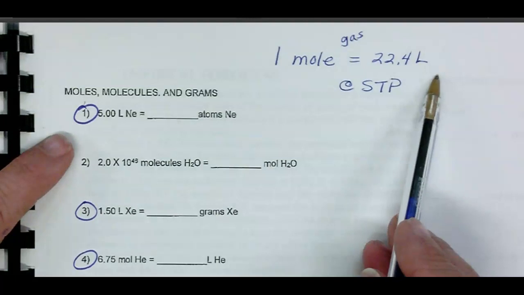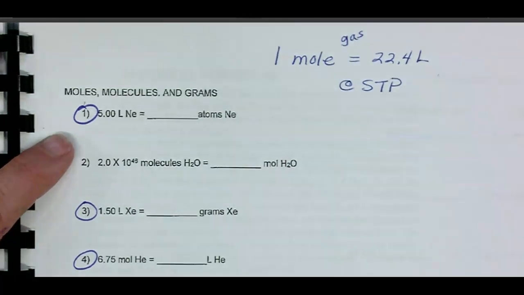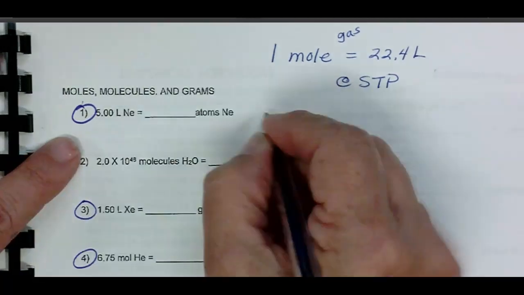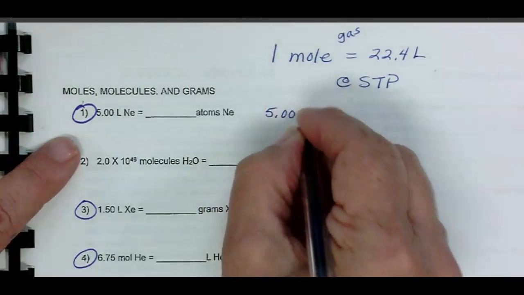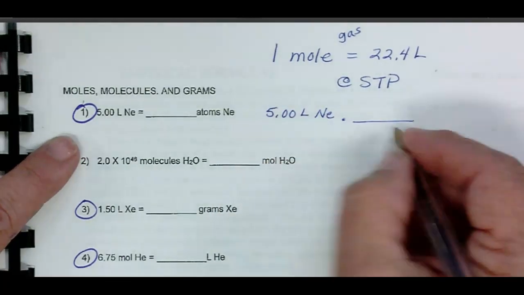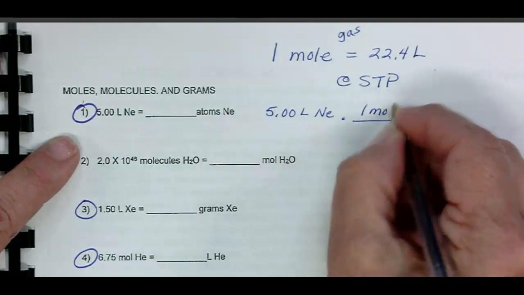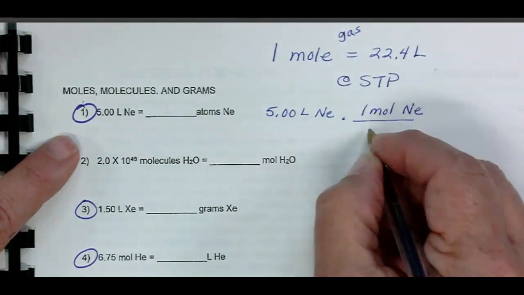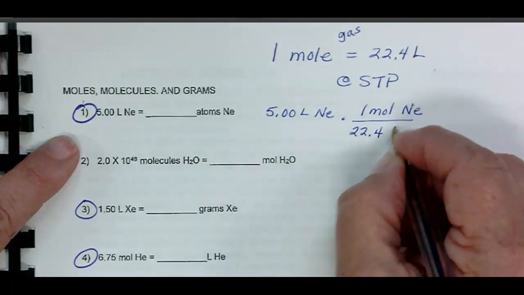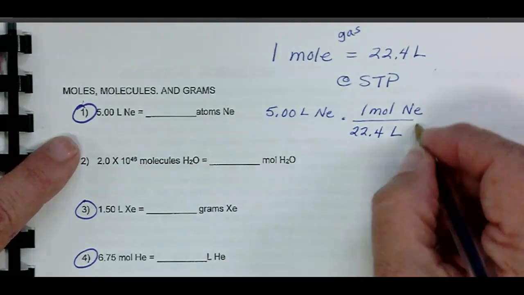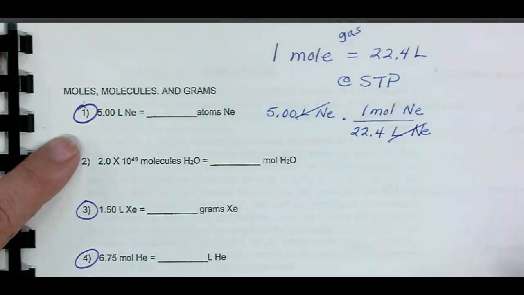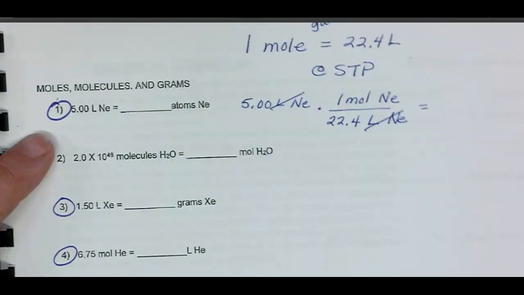It's pretty easy. With everything else that we've done, you'll find this to be fairly easy. So again, we have 5.00 liters of neon. And I know that 1 mole of neon will have a volume of 22.4 liters. These will cancel and it just becomes a division problem.